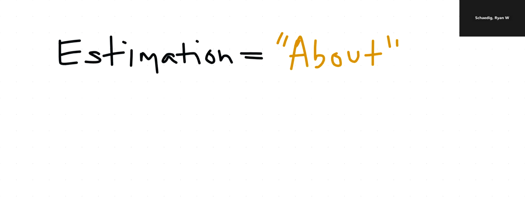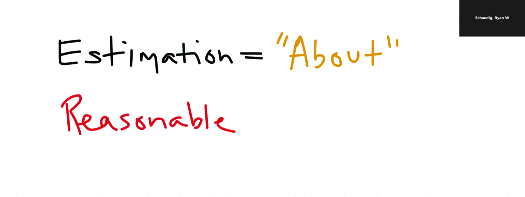Well, what's cool about estimation is that it allows us to know if our work is reasonable. We can do estimation to get an answer that we know is close to the real answer. Then when we do the math itself, we might be able to stop and say, oops, I might have made a mistake because my estimation and my real answer aren't close at all.